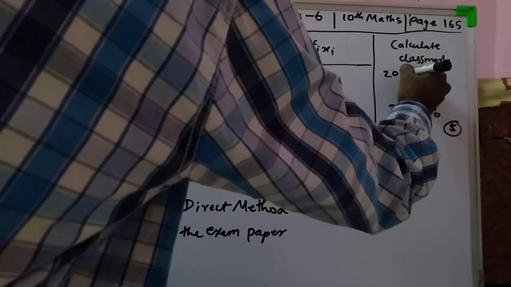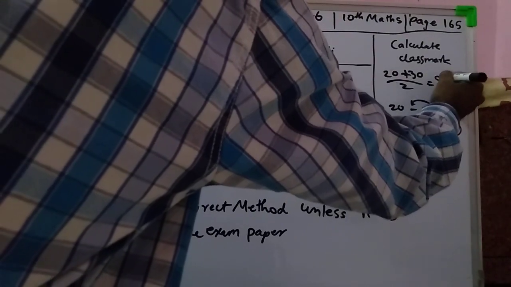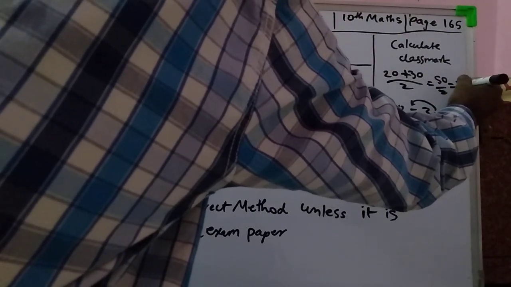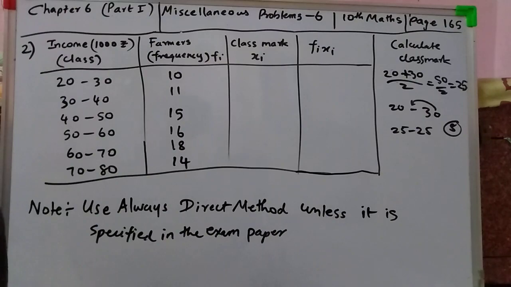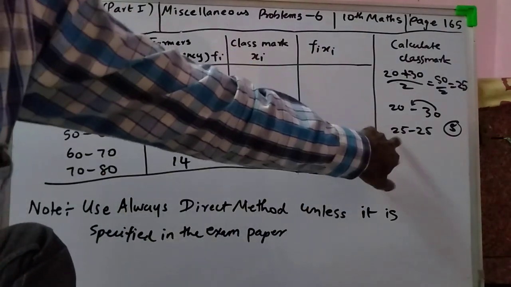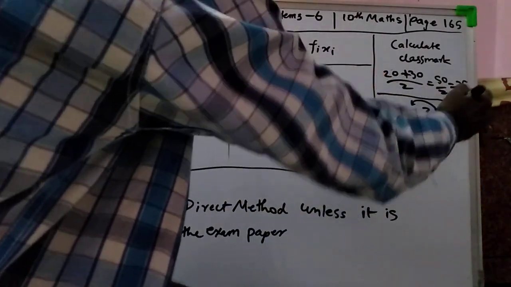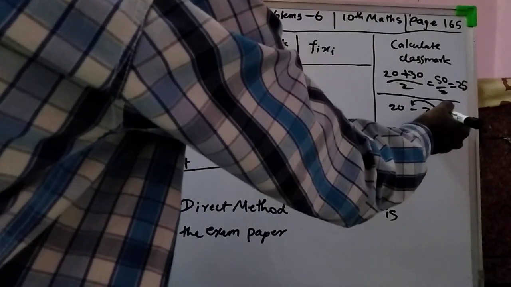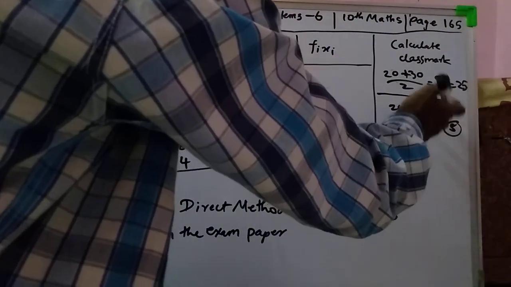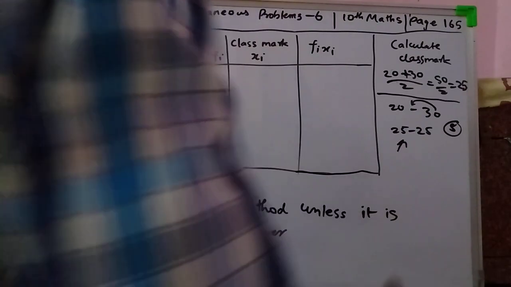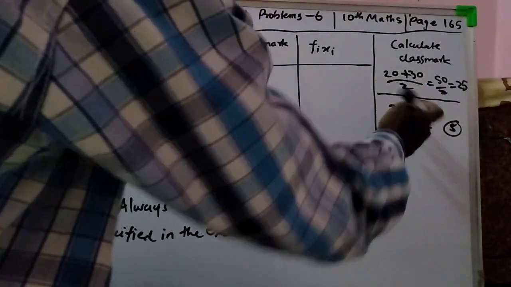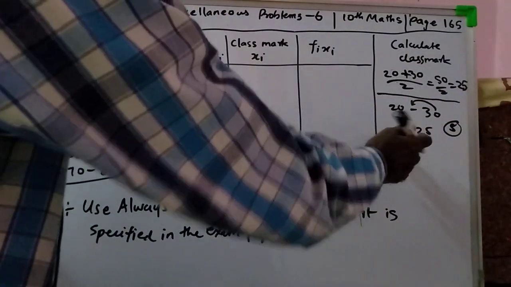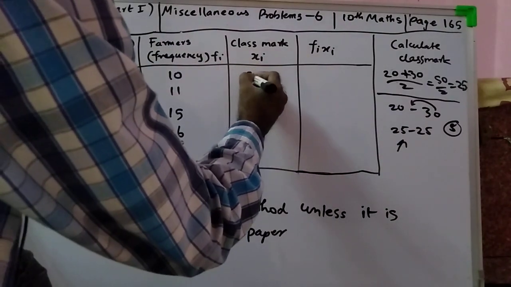Plus 30 divided by 2 is 50 by 2, that is 25. But you can use this method: borrow 5 from here, it will become 25. So you get 25 here.